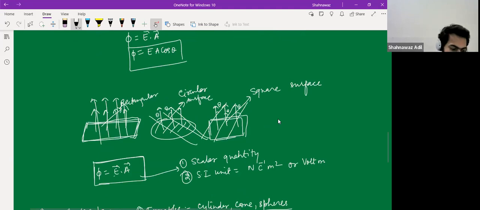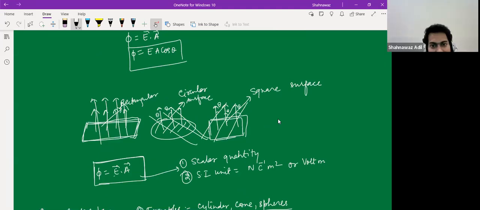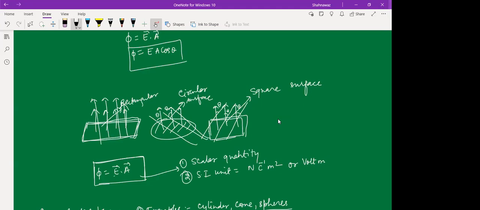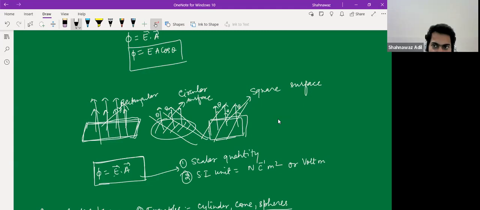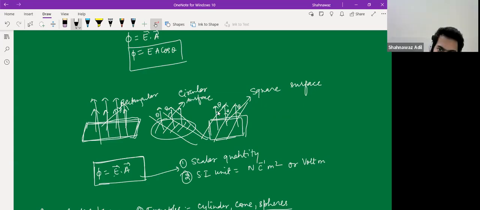For the case of a plane surface, the angle that the normal makes with the uniform electric field is always the same, right? Because you can see that these angles are the same.